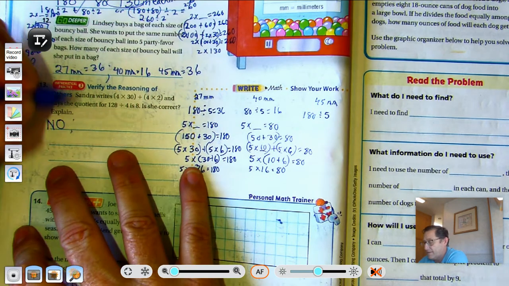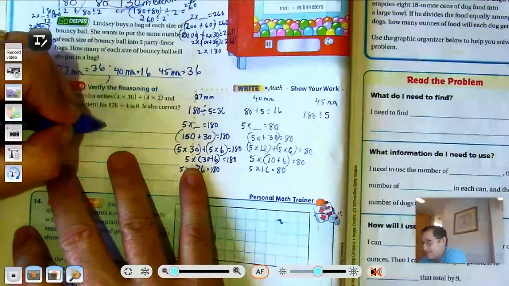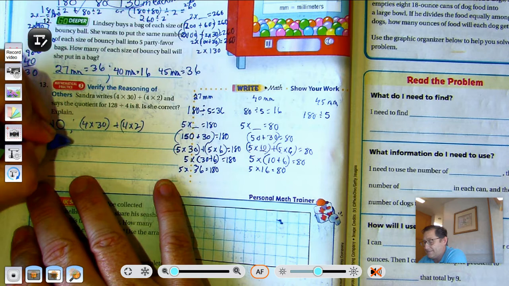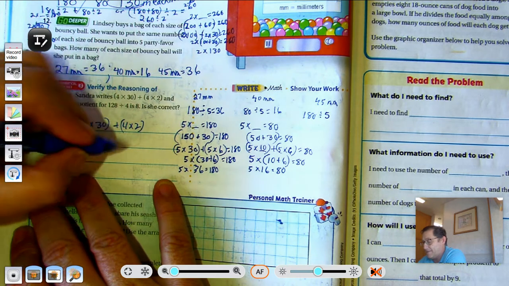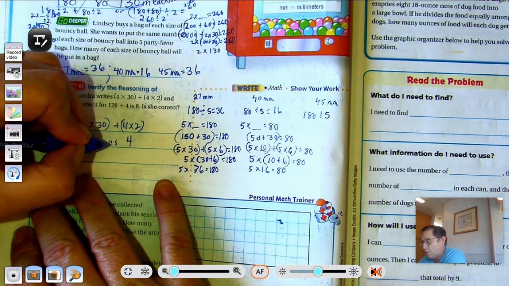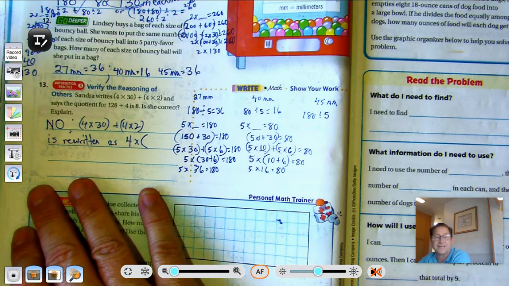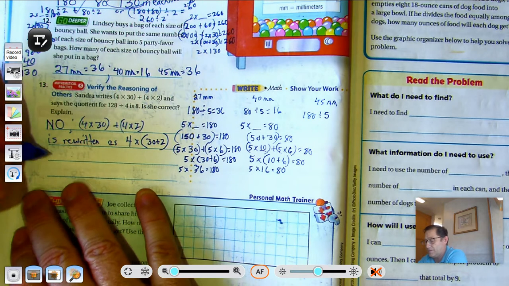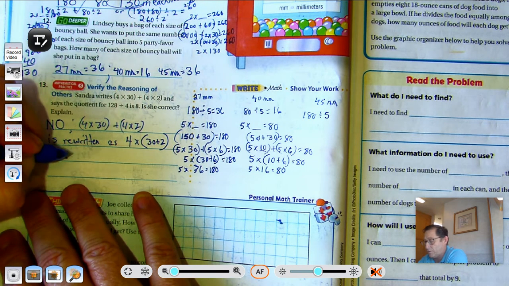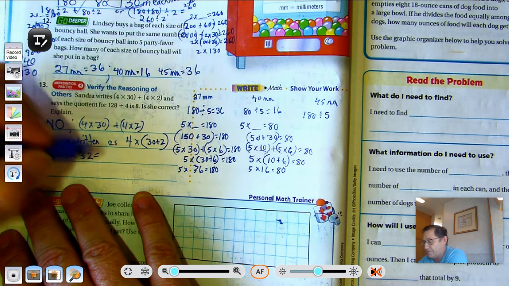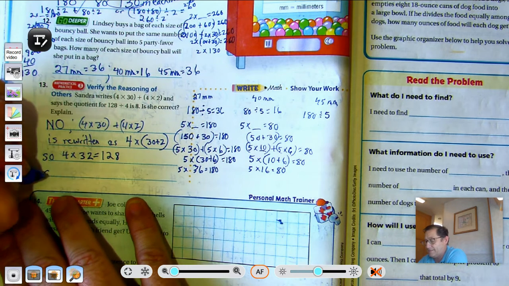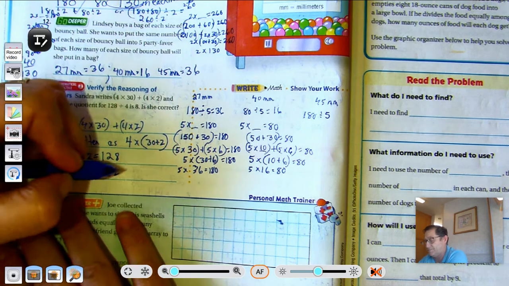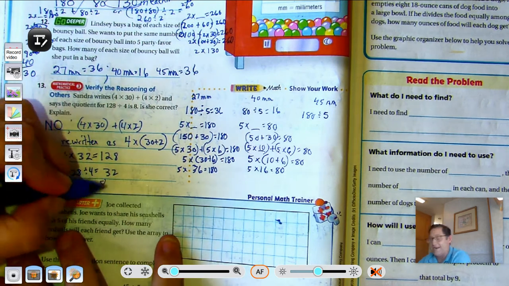Because remember that 4 times 30 plus 4 times 2 is rewritten as 4 times the sum of 30 and 2. So 4 times 32 equals 128. And 128 divided by 4 equals 32, not 8.